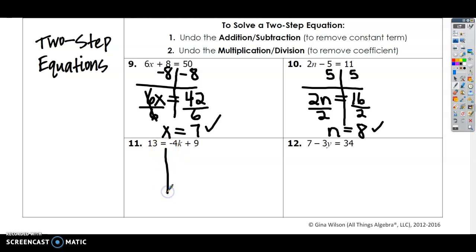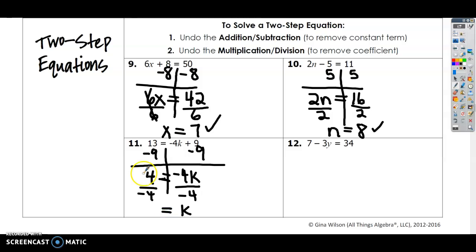All right, number 11. I'm solving for k. So I'm going to subtract 9 on both sides. So I'm going to have -4k equals 13 minus 9 is 4, and then divide by -4, and k equals 4 divided by 4 is 1, so 4 divided by -4 is -1.